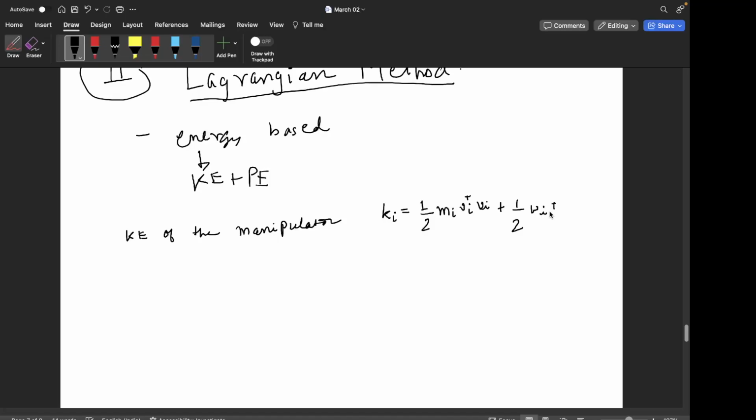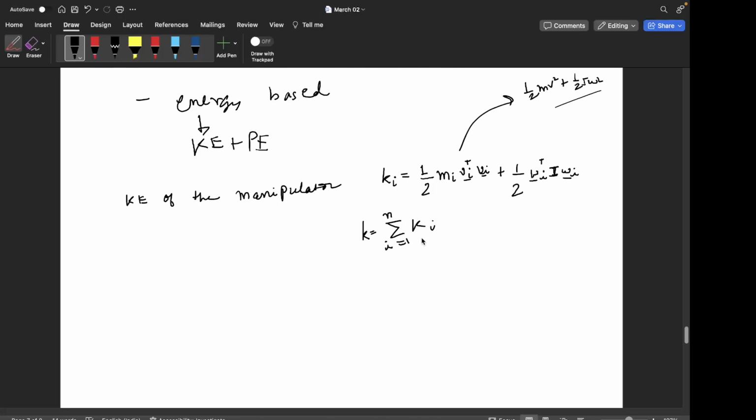In proper vector and matrix form, it's omega_i transpose I omega_i. This is the same equation you have already studied in school, half m v squared plus half I omega squared. So this is the kinetic energy of the ith link. The kinetic energy of the whole manipulator is the sum, because this is a scalar quantity, so you can straight away sum it.